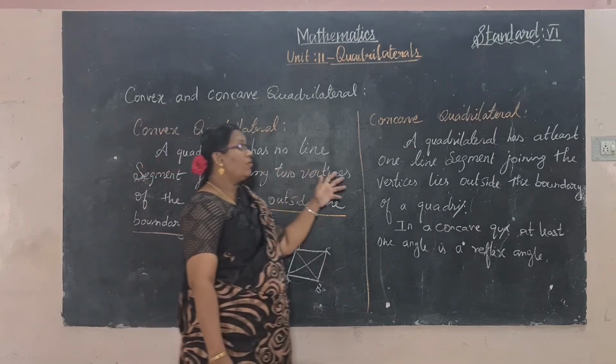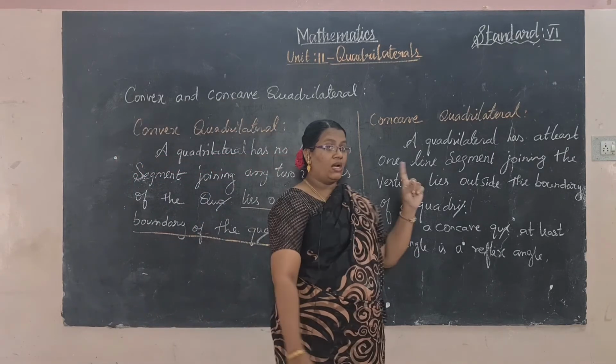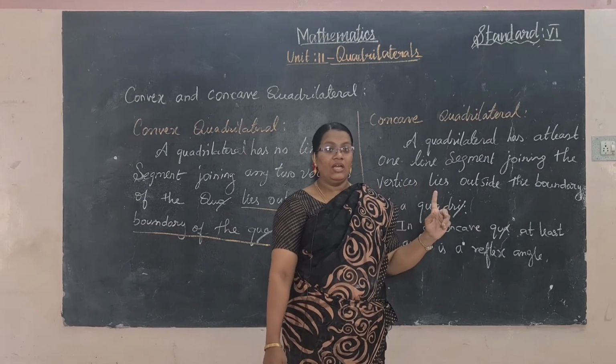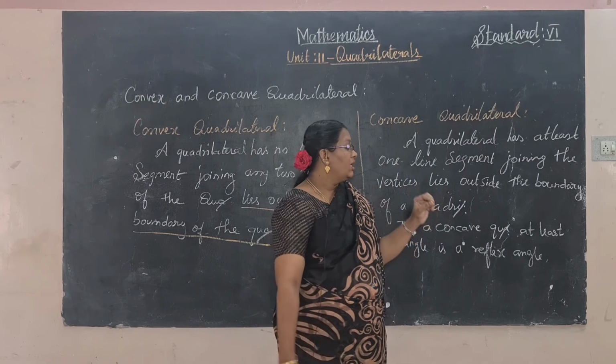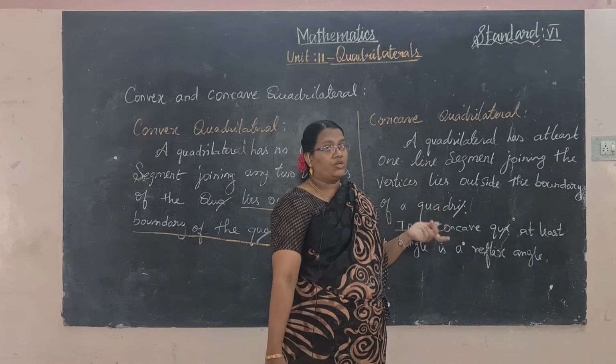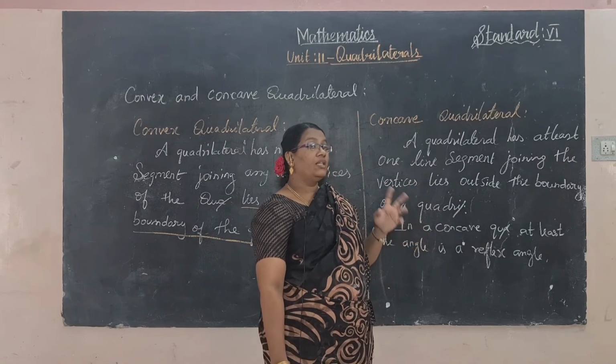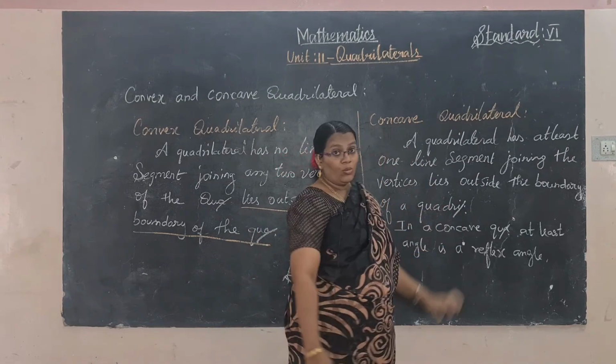Concave quadrilateral means at least one line segment joining vertices lies outside the boundary. That is called the concave quadrilateral.